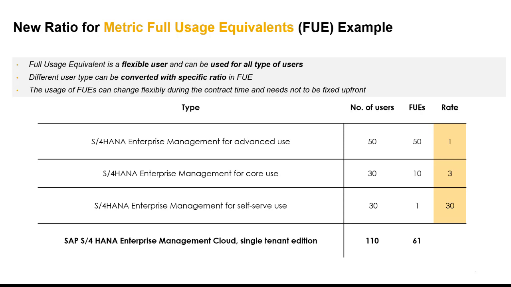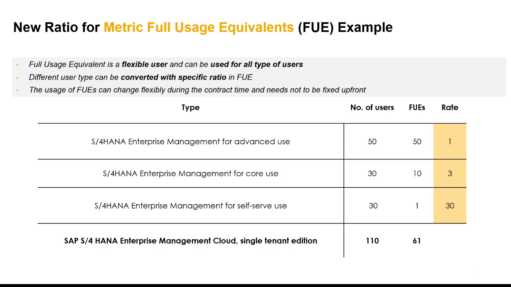So 50 users in your environment today equates to 50 full user equivalents. And this is how we are going to price you. We've got pricing for one FUE, for bundles of FUE.